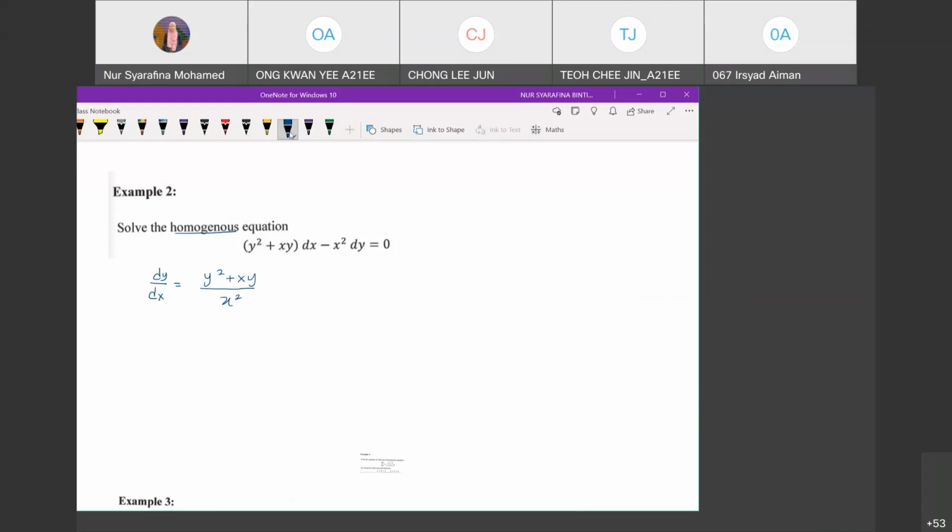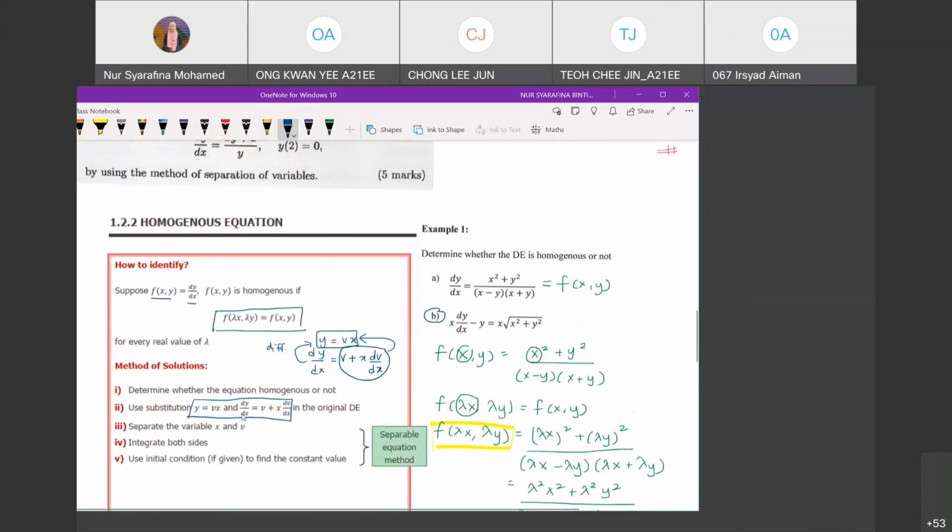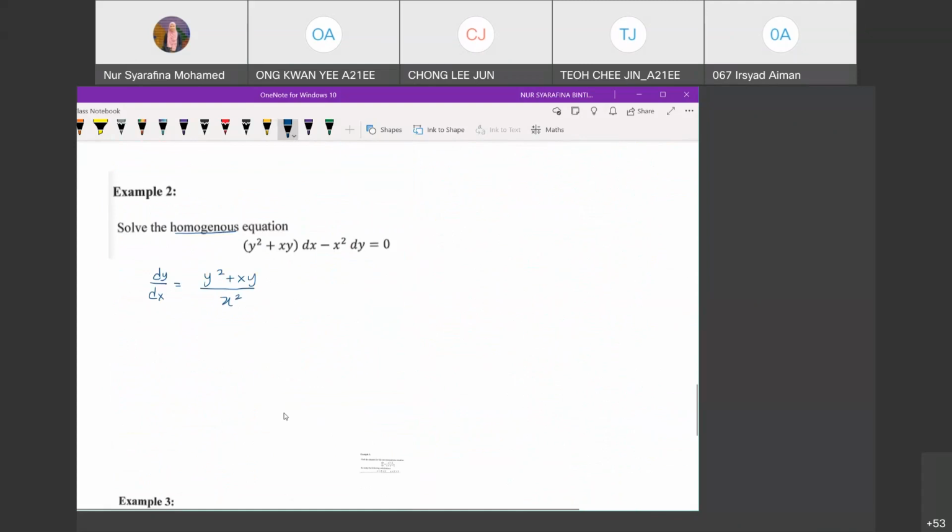And then the next part is to use the substitution. The substitution is y equals vx and dy/dx equals v plus x dv/dx. So just substitute: dy/dx is v plus x dv/dx and y is vx.